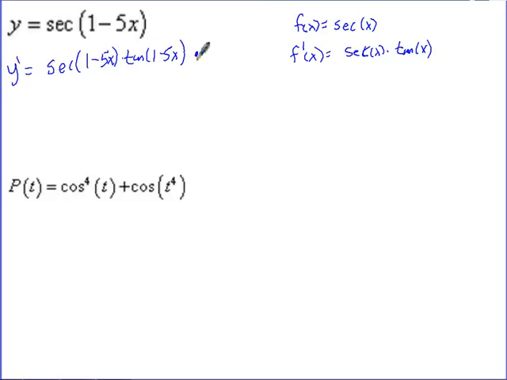And then times what? Negative 5. And then technically, the only thing I can do to simplify is what? Put the negative 5 up front. So it'd be negative 5 secant of 1 minus 5x times tangent of 1 minus 5x.